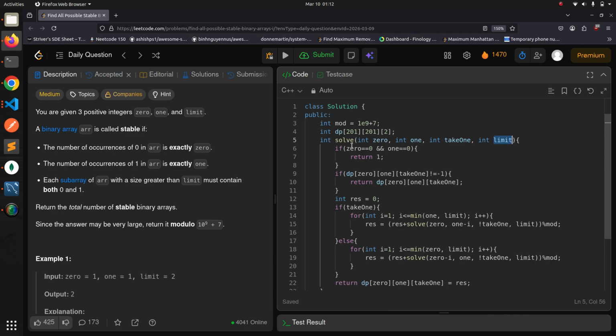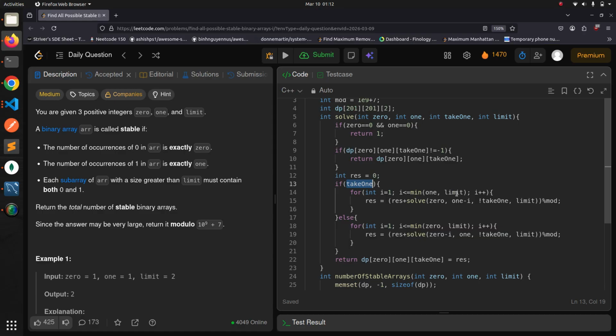So what we are going to do is, if we don't have any zeros left and we don't have any ones left, we will simply return 1. It means we have found a way. And if take 1 is 1, it means we are considering the array starting with 1, then we can take at most the minimum of limit and the ones.